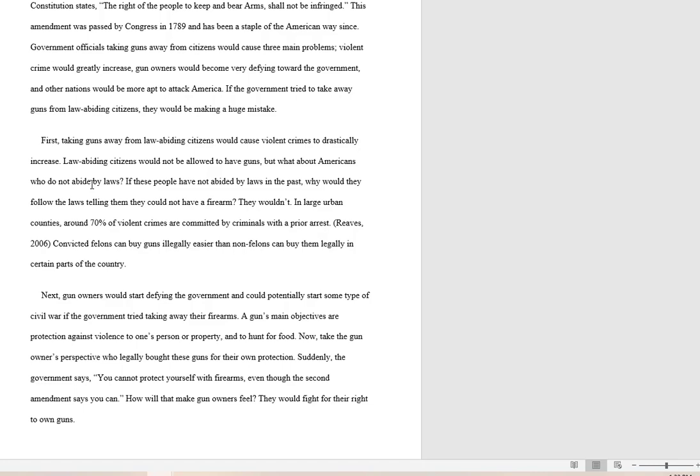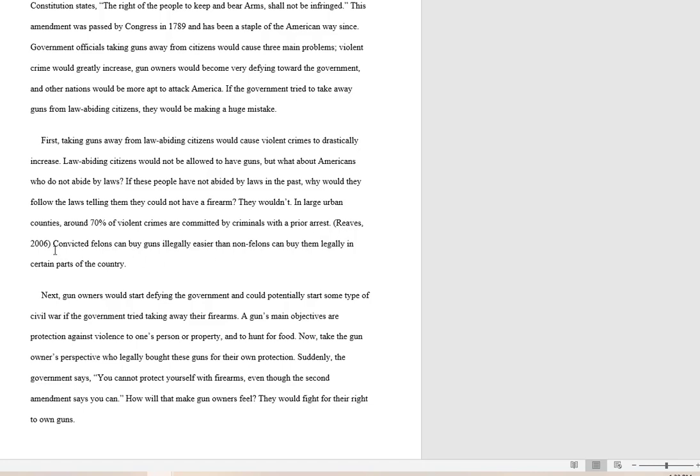In large urban counties, around 70% of violent crimes are committed by criminals with a prior arrest. Then he did a good job putting in his in-text citation. After you cite numerical information, like statistics or numbers, you have to have an in-text citation where you put in the author and the date.